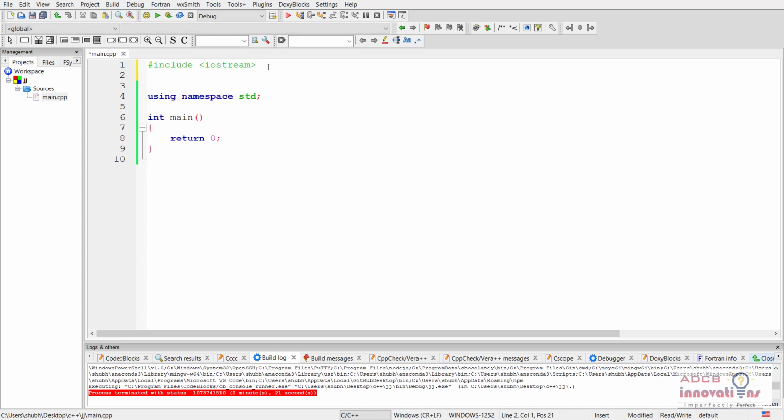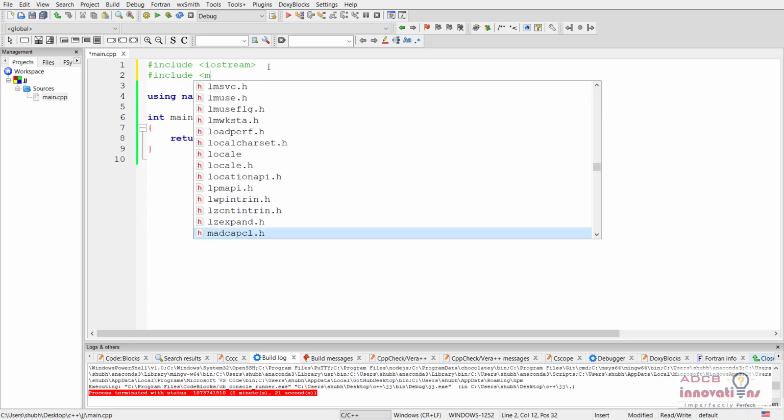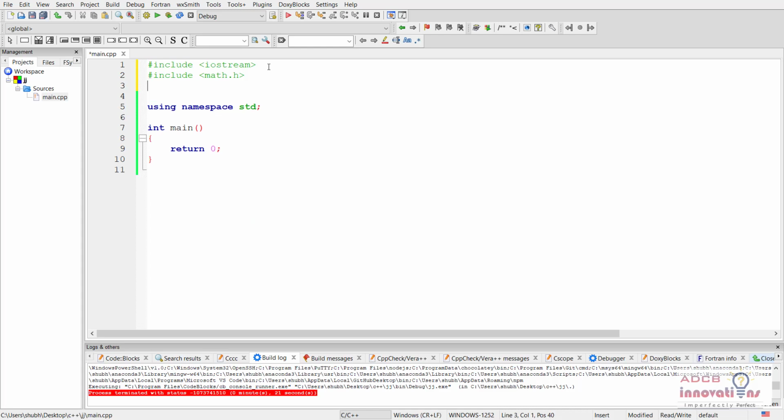Now here we need to add some more header files, because we are going to use some math functions. That is, we need to find the square root, we need to use power and these kinds of functions. For that we are going to use a header file, that is #include <math.h>.